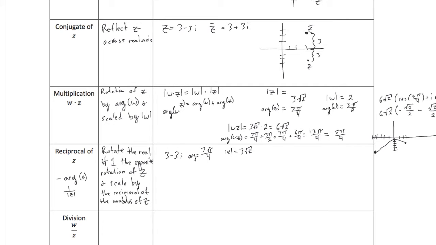Okay, so if modulus Z is 3 root 2, I want to scale by 1 over 3 root 2. I want to rotate by basically negative 7 pi over 4, right? So if I want to scale by this amount and rotate by this amount, let's first put this one in terms of 0 to 2 pi. That will be the same thing as pi over 4.